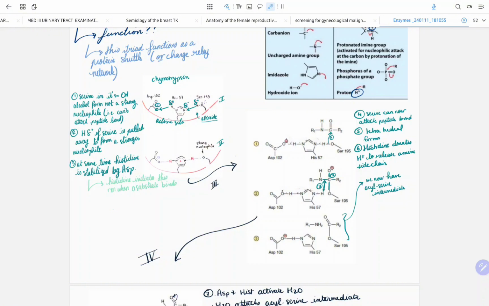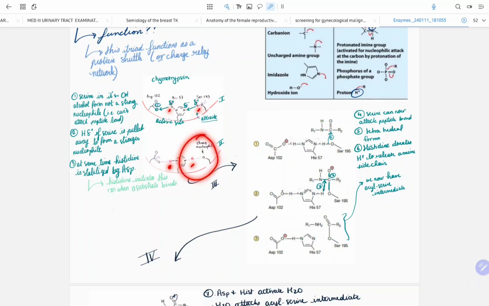So what happens is that histidine pulls this hydrogen towards it, okay? And at the same time, this oxygen in aspartate pulls this hydrogen from histidine towards it. So it can look like this. If you can compare them, this H is now here, and this H is now here.